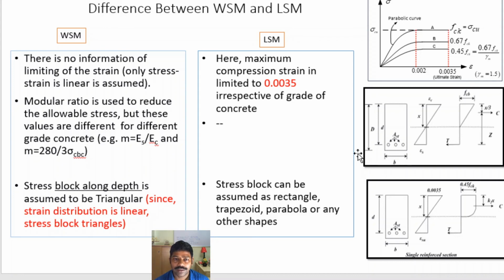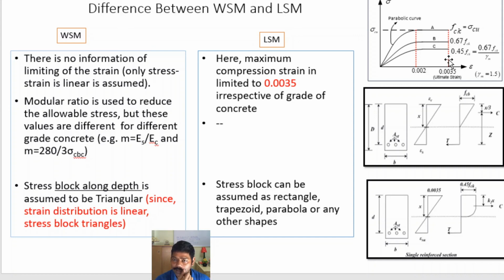If you draw a tangent here, the allowable stress in the working stress method will be limited somewhere here, where stress and strain are perfectly linear.